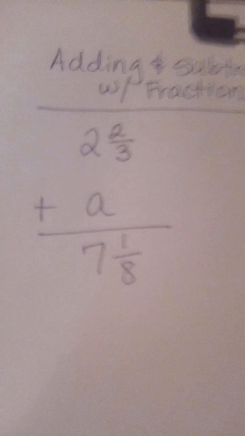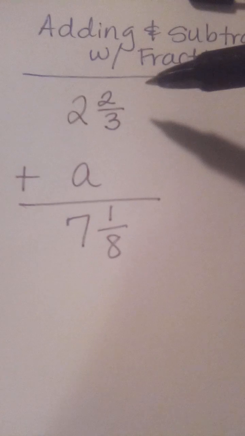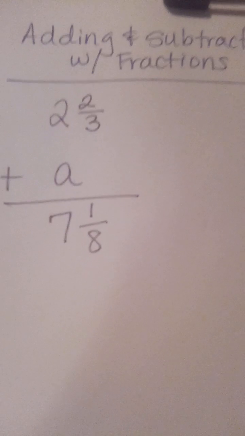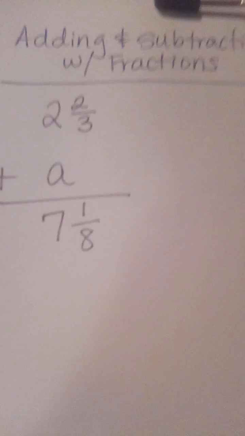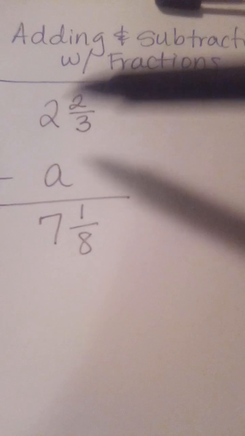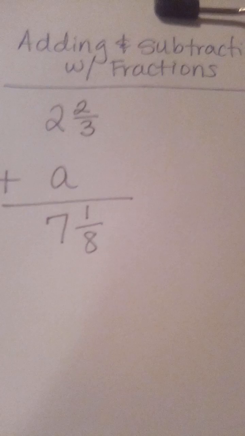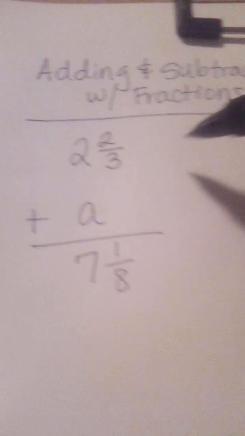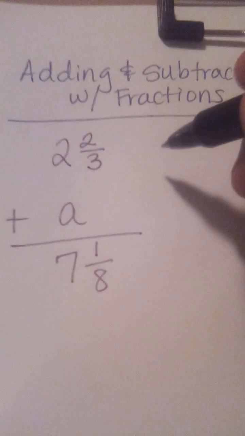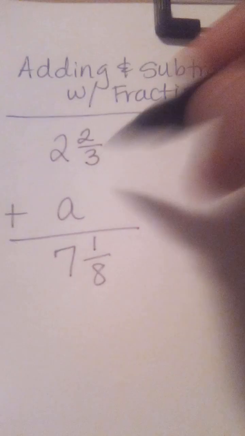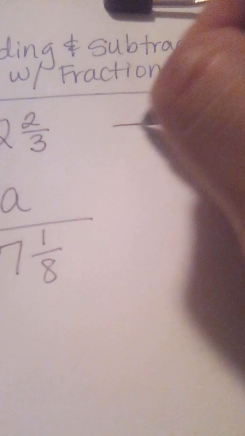Second is converting these two mixed numbers into improper fractions. If most people don't know, an improper fraction is just a fraction like this, but without the whole number. So let's convert these two mixed numbers. In order to get the improper fraction, we'll leave the denominators alone. In this case, the first one, we'll leave as a 3.